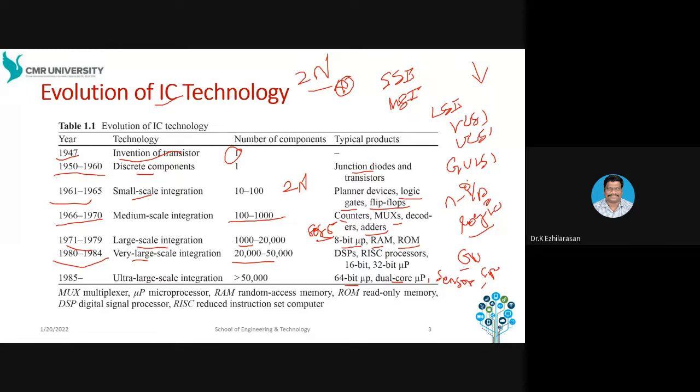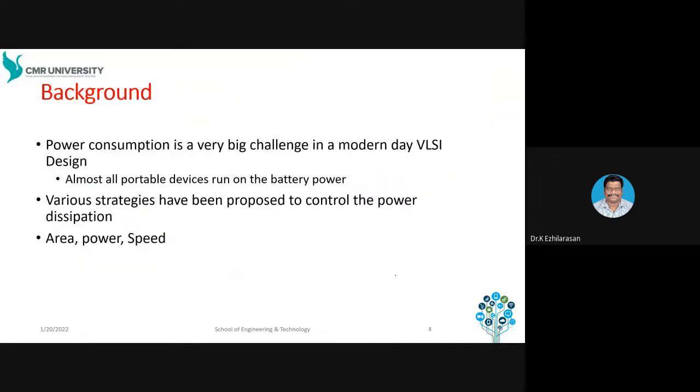Now, when you are going to design one IC, what are the key factors you need to keep in mind? Simply, the important key factors to design an IC in VLSI are the area, power, and speed.